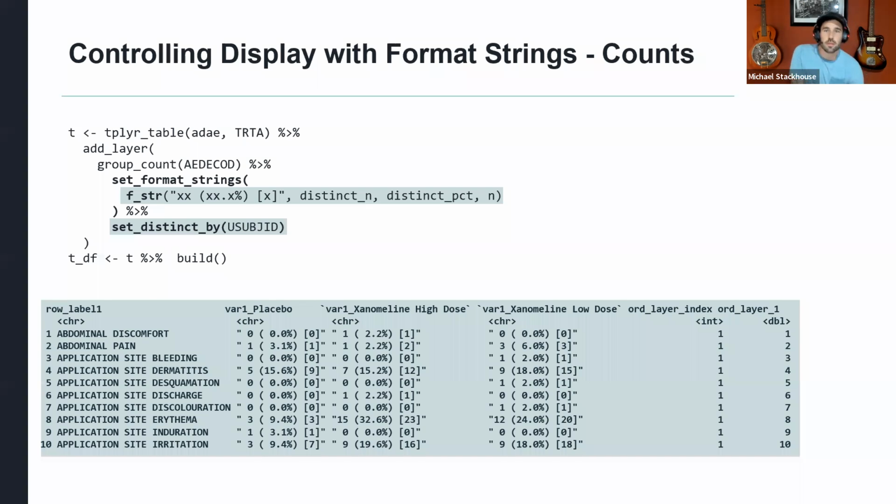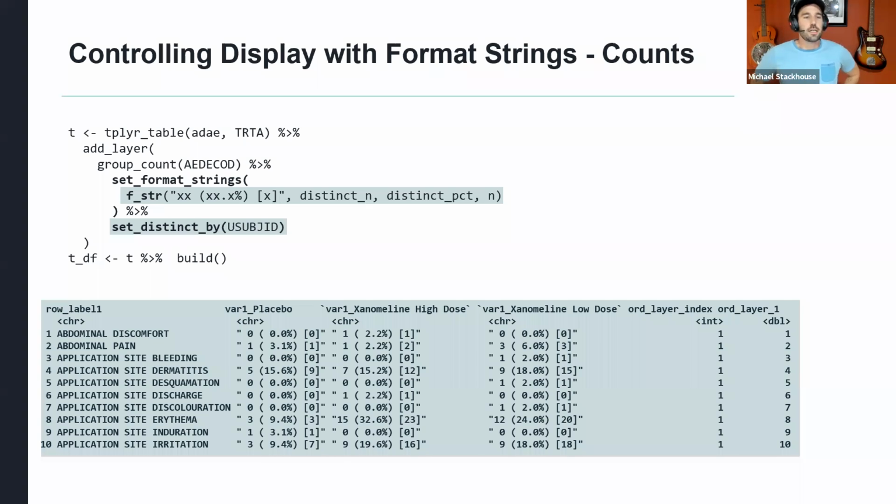Well, for count layers, you have these three formatable values, and then additionally you have totals as formatable values as well. But if you wanted to do that format, then we're going to use this function called set_format_strings. And in set_format_strings, you're going to use another function called f_str.